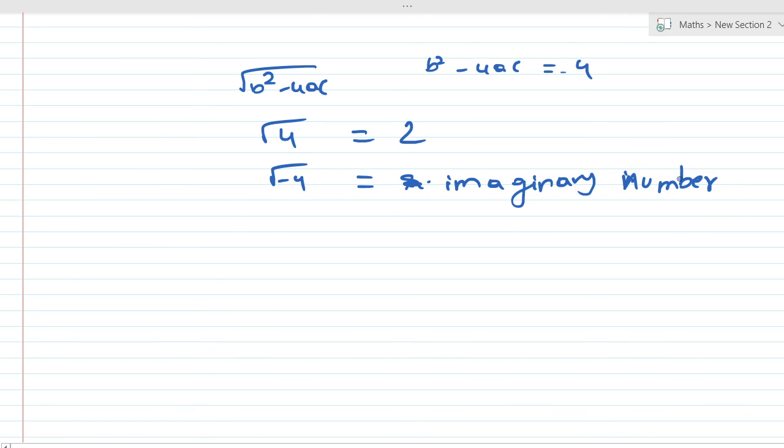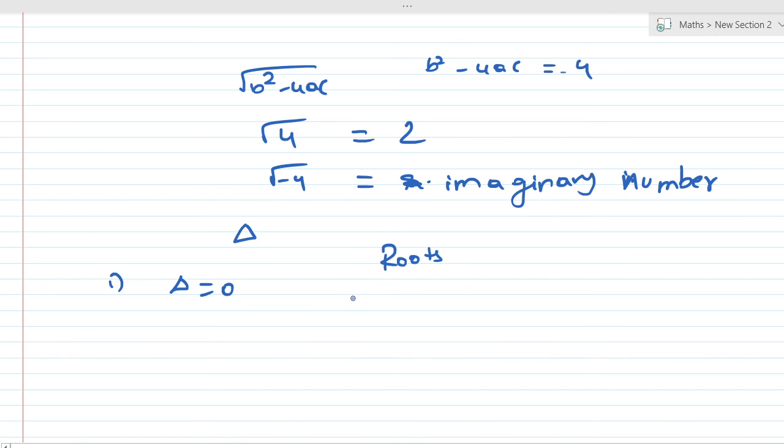So this b square minus 4ac decides the roots of the equation, decides the values of x. Hence it is known as the discriminant. It discriminates the equation. This discriminant is also called delta. This b square minus 4ac is denoted as delta. If delta equals 0, what will be the roots?